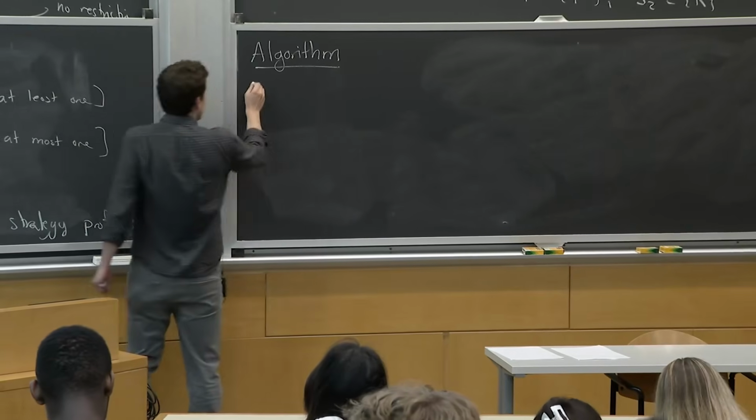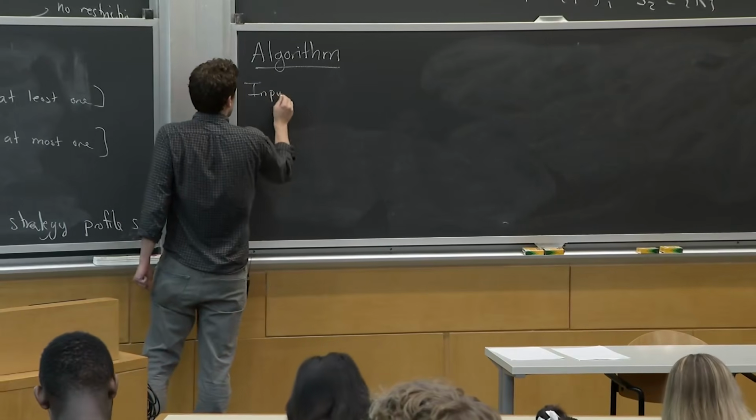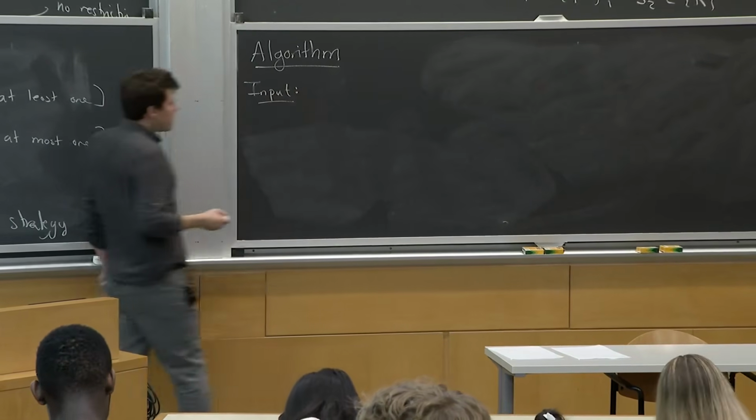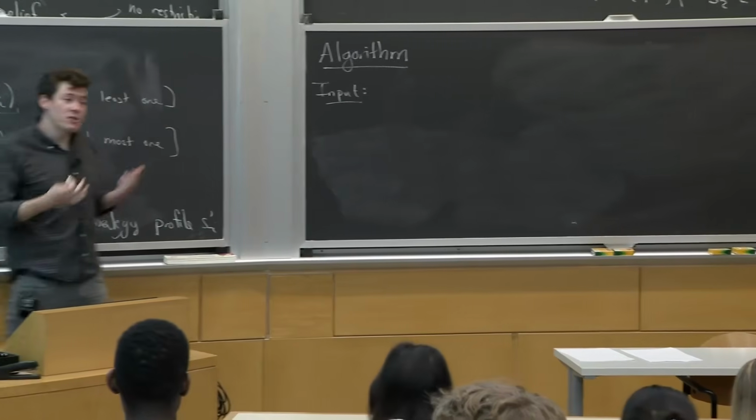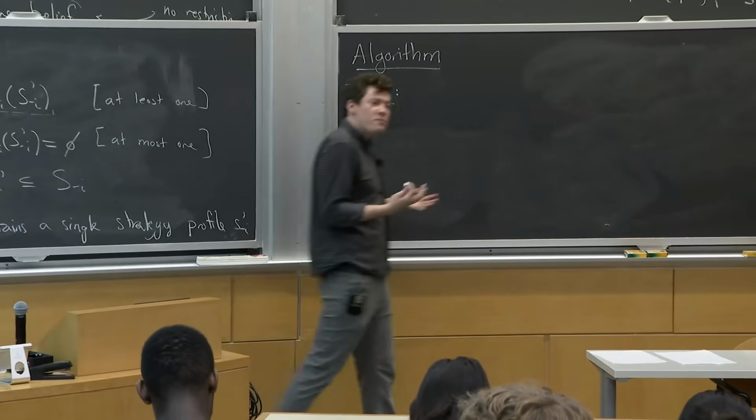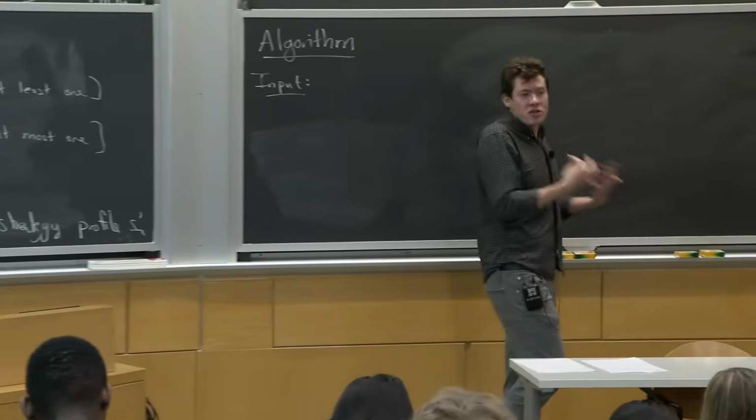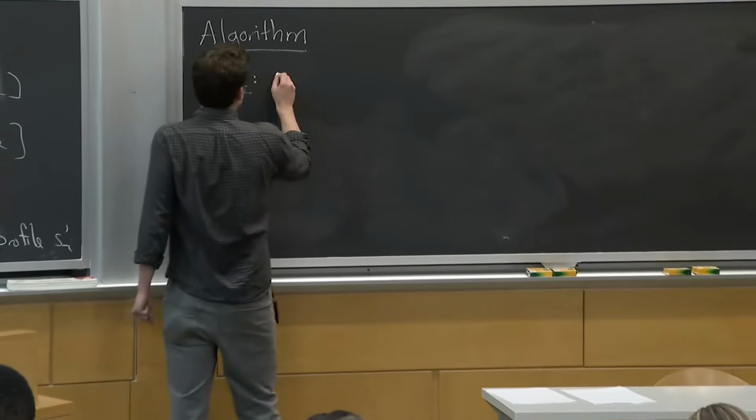So what's our input to the algorithm? The input is just a strategic form game. And I'll be a little more precise. Let's say a finite strategic form game.